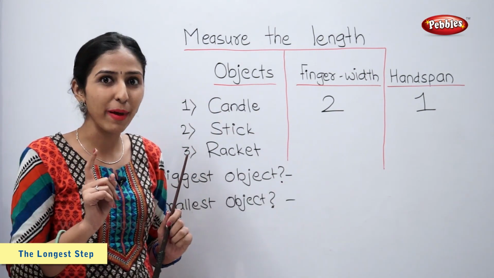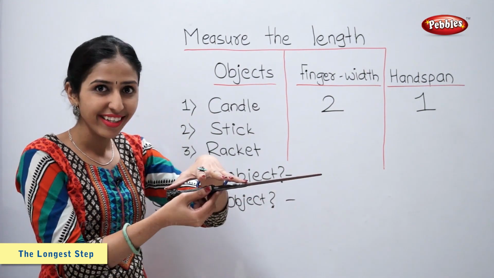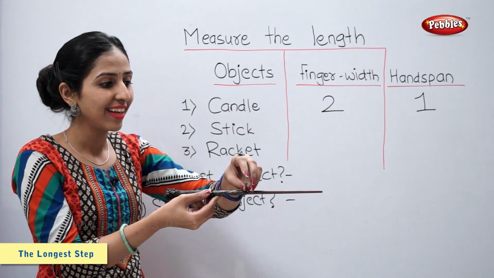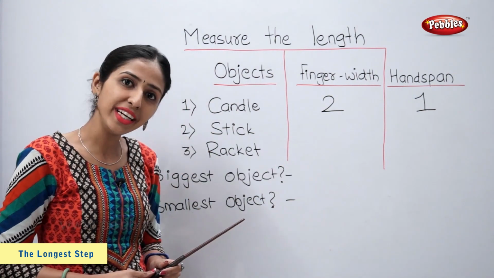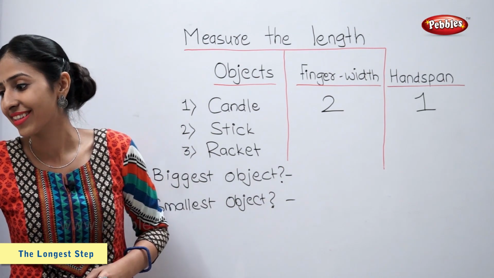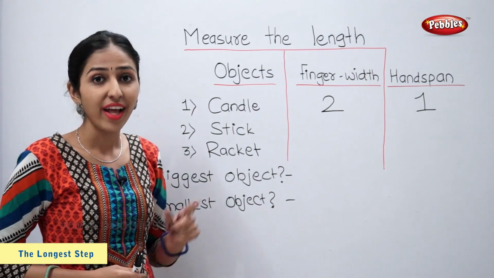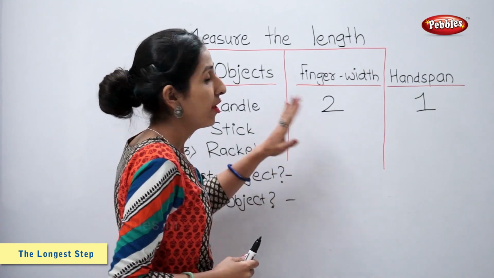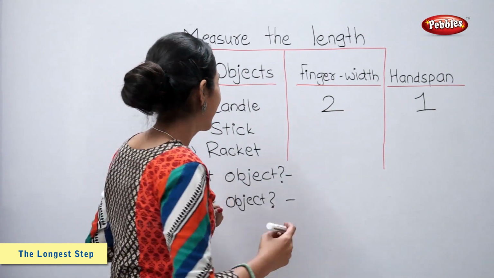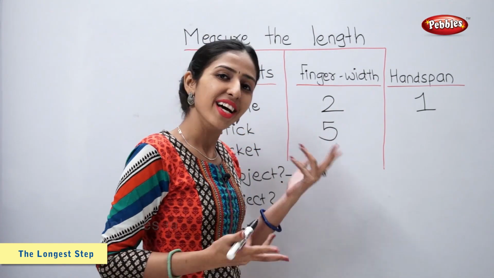Now, handspan. 1, 2. 2 handspans. So, the length of the stick is 5 finger width, 2 handspans.